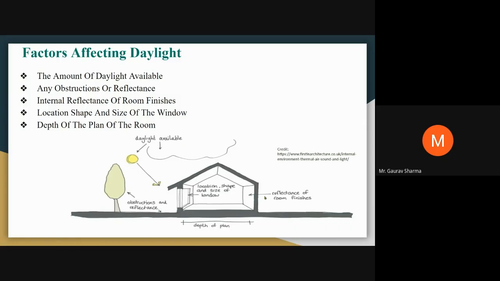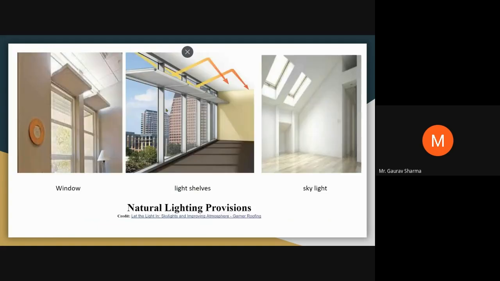If this room is too large and you are sitting somewhere in the corner, it may be that a good amount of lighting is available near the window but not at the other end. So the dimensions also have to be considered here. Obstructions can be in the form of trees, like you can compare. Cloudy weather is very disturbing sometimes. So there are multiple factors which affect the daylight.